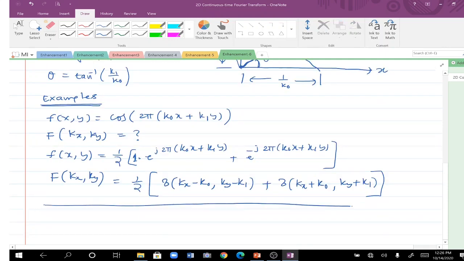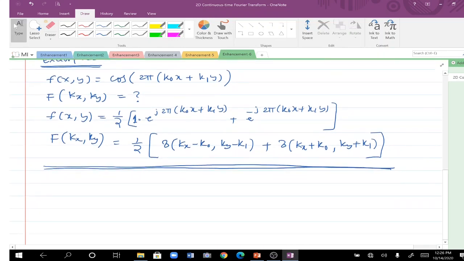So what is going to happen in the Fourier domain here? Let's try to draw the magnitude spectrum of this, where you have kx on the x-axis and ky on the y-axis. Assume that your k0 and k1 are positive values for the time being, and real, of course.